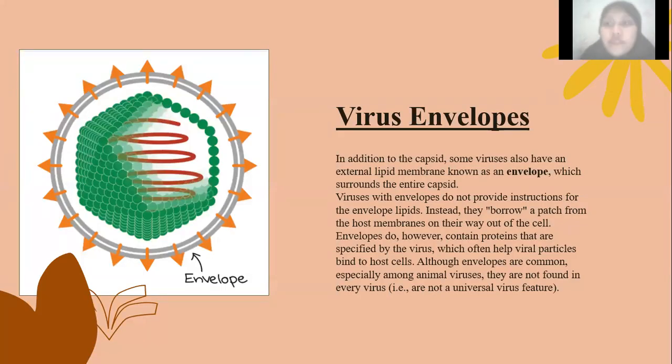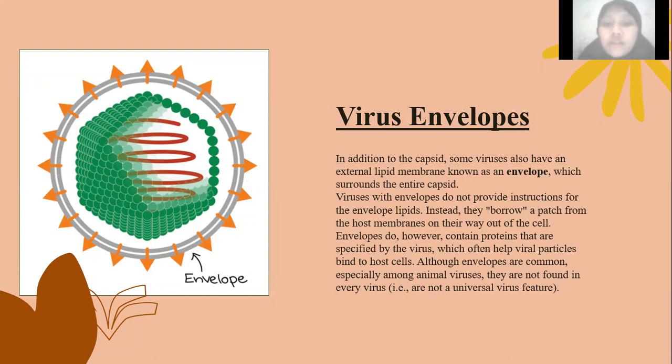The next is virus envelopes. In addition to the capsid, some viruses also have an external lipid membrane known as an envelope, which surrounds the entire capsid. Viruses with envelopes don't provide instructions for the envelope lipids. Instead, they borrow parts from the host membranes on their way out of the cell.